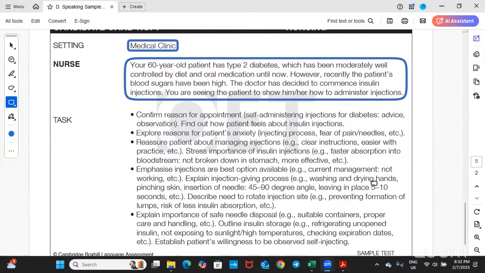So if you train the patient, he need not depend on anybody. He will be independent. He can do it on a daily basis at his convenience, at his own residence. That's the point. So this forms the background of the role play.